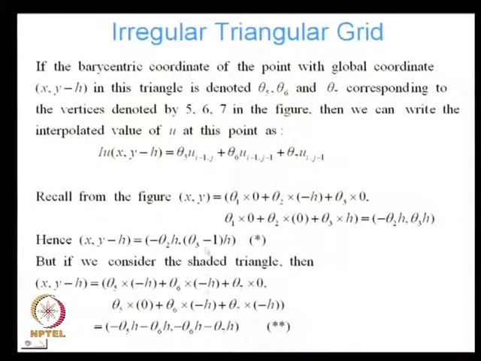But these two have got to be equal. You cannot have x y minus h different depending on which triangle you use to calculate it. So, these two have to be the same. This gives me a relation between theta 2, theta 5 and theta 6, and theta 3 minus 1 and theta 6 and theta 7. So, what do I get?